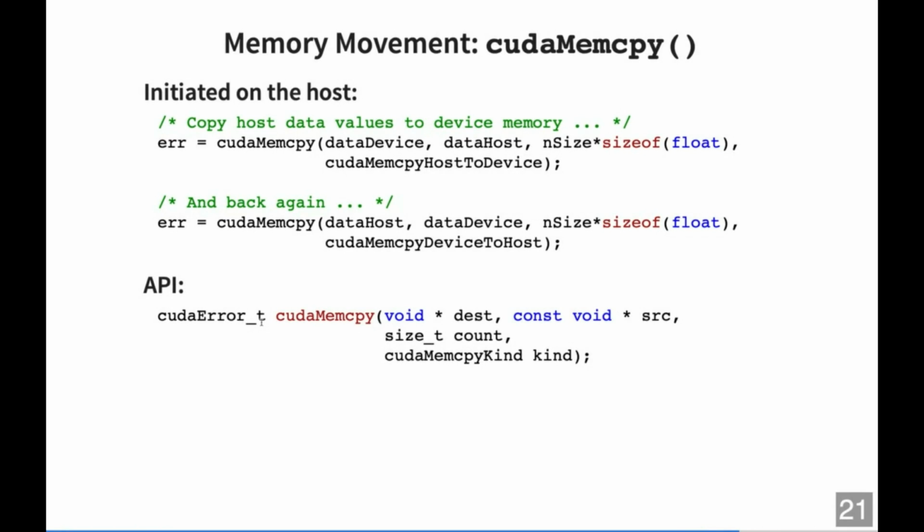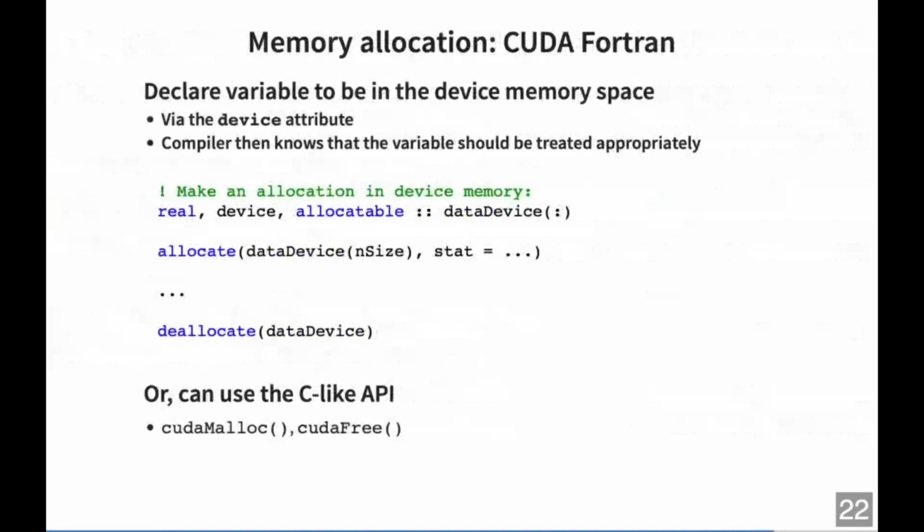There are a couple of other acceptable values of this cudaMemcpyKind, which include, for example, cudaMemcpyHostToHost and cudaMemcpyDeviceToDevice, if you wanted to make such copies. Okay, so that's the C picture. We explicitly allocate and move memory via these CUDA API calls.